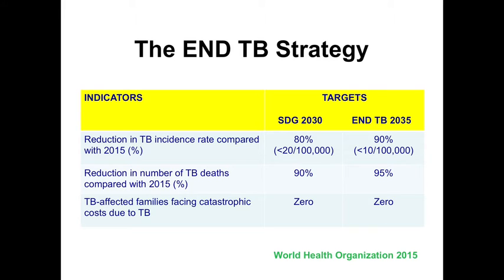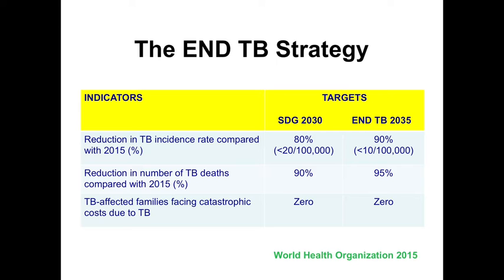So what I'd like to do now is quickly look at those components of that response and see how they fit into the NTB strategy. Just to remind ourselves about this NTB strategy, we have 3 important indicators. Firstly, we will reduce TB incidence compared with 2015 by 80% by 2030 and by 90% by 2035.